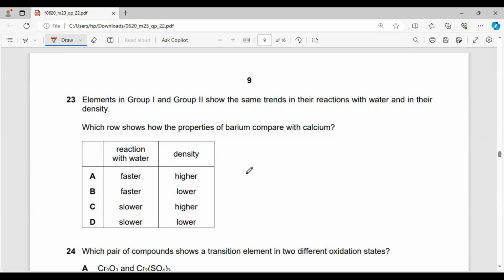Elements in group 1 and group 2 show the same trends in the reactions with water and in the density. Which row shows the properties of barium compared with calcium, reaction with water, and density? In group 1 elements, as we go down the group, reactivity increases and density increases.